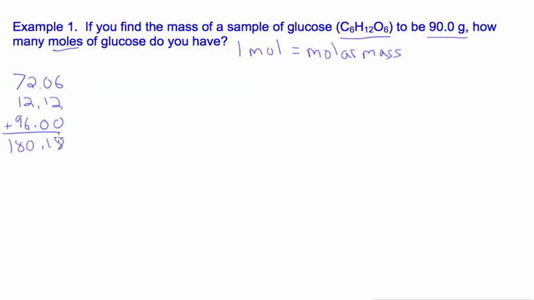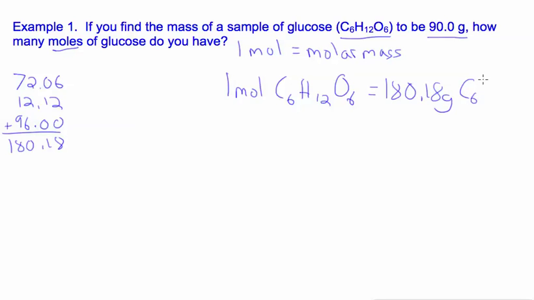So now we know that 1 mole of C6H12O6 equals 180.18 grams of C6H12O6. And now we're just doing dimensional analysis like we learned in our first chapter.